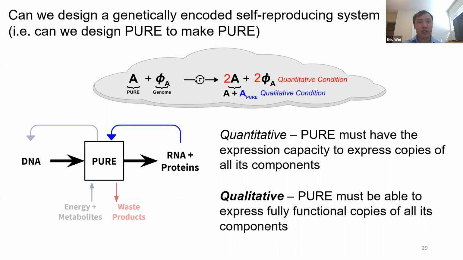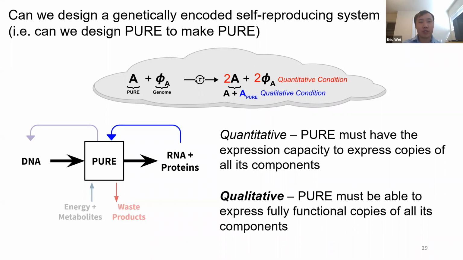So in terms of an equation, if we have the PURE system and a genome that encodes the PURE system, in order to successfully build a synthetic cell, we're going to need to have the system make copies of itself and the genome.